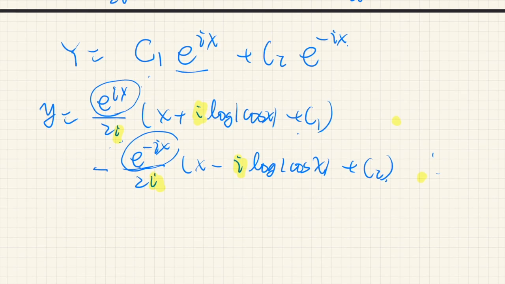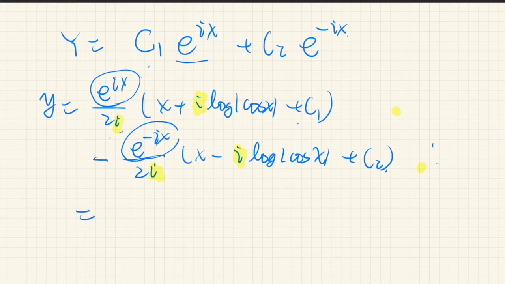Then this can be written as cosine times this part and cosine minus cosine times this part. So let's see, cosine x times, let's see, x, okay, so 2i is here.